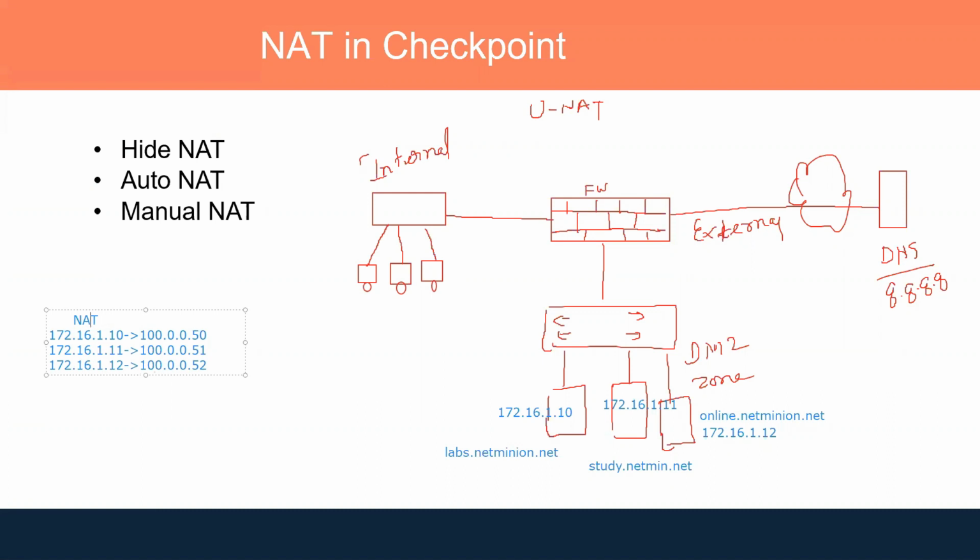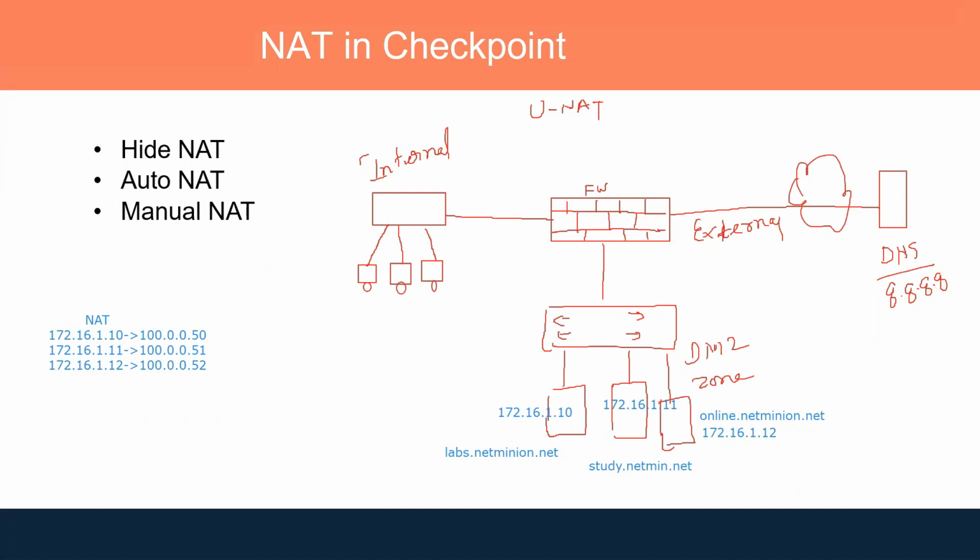Apart from that, after NAT, what you have done is you have registered your domain and mapped it as well. So not only do you map the public IP, but you have registered each public IP against a domain.